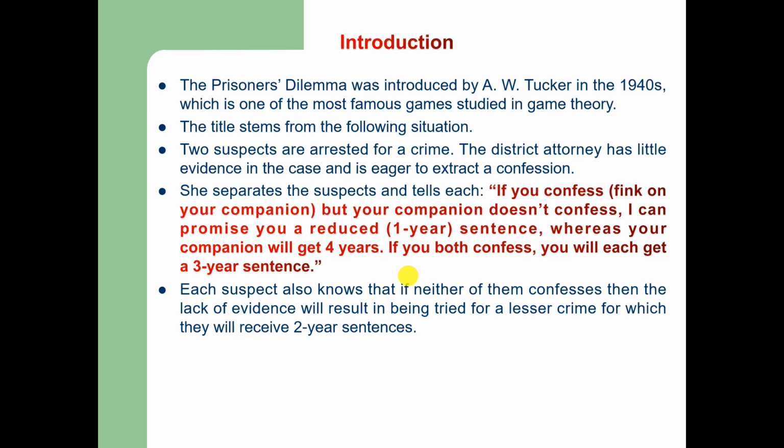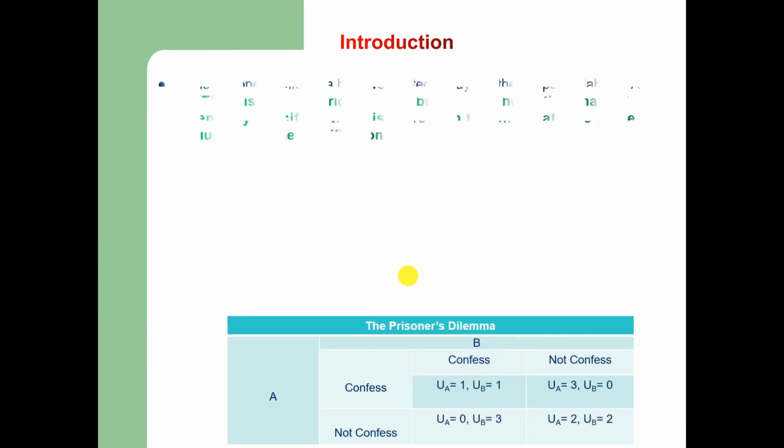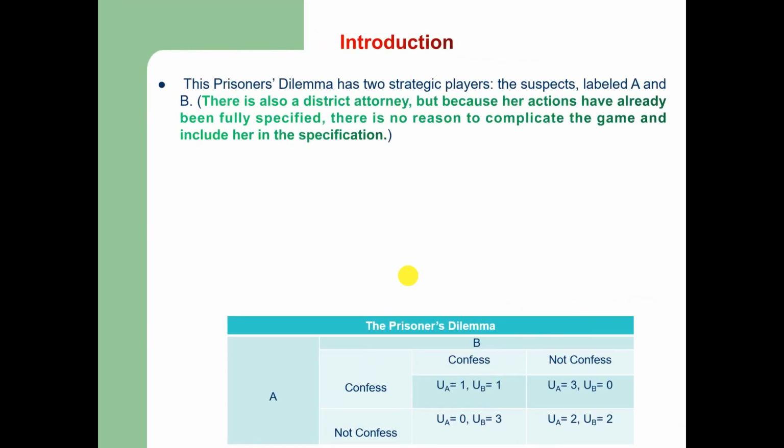Each of the suspects also knows that if neither of them confesses, then the lack of evidence will result in their being tried for a lesser crime, for which they will receive only 2-year sentences each. So this prisoner's dilemma has two strategic players, suspects labeled A and B. There is also a district attorney, but because her actions have already been fully specified, there is no reason to complicate the game and include her in the specification.